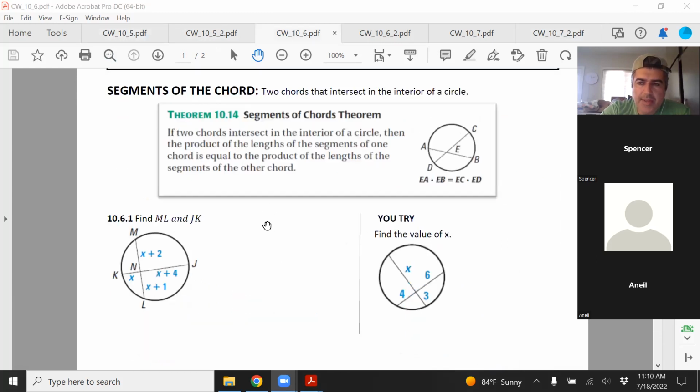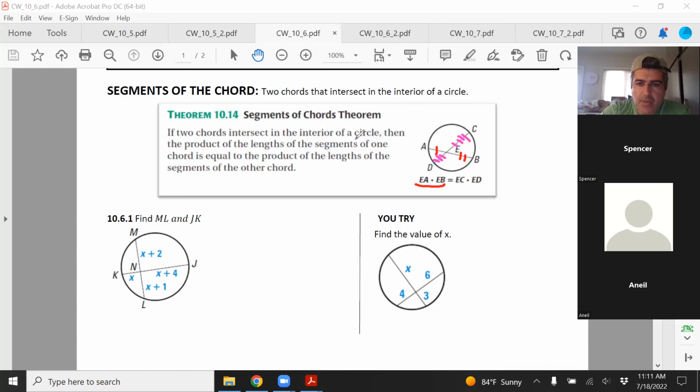If you have two chords that intersect, and diameters are chords too, by the way, just happens to be the longest chord, just a chord that goes to the center of the circle. If you have two chords that intersect, then the product of one of the chords broken up, so you have AE and EB, that product is going to be the same as the product of the other chord broken up.